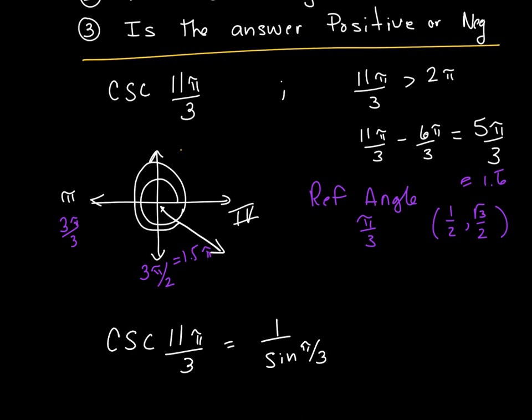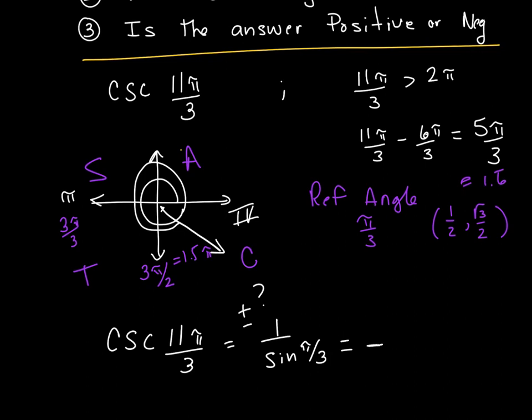But then we also have to figure out whether it is plus or minus. Well, using our mnemonic, all students take calculus, the only thing that is positive in the fourth quadrant would be the cosine, and the reciprocal of the cosine, which is the secant. So that tells us that the value of this function must be negative.